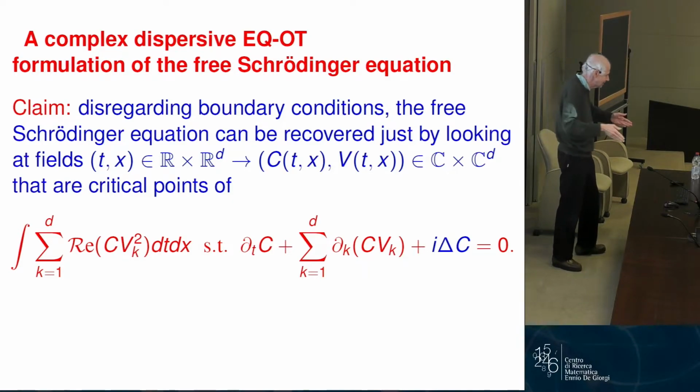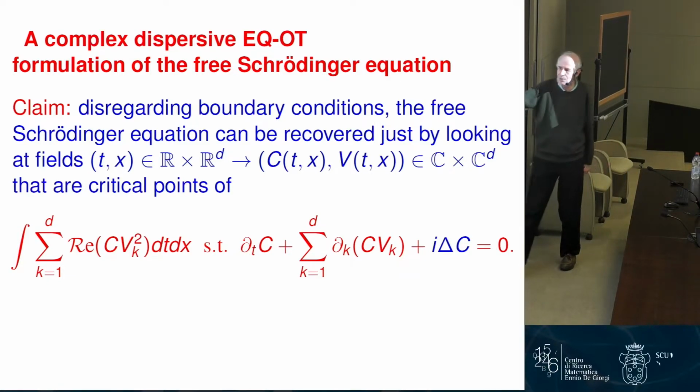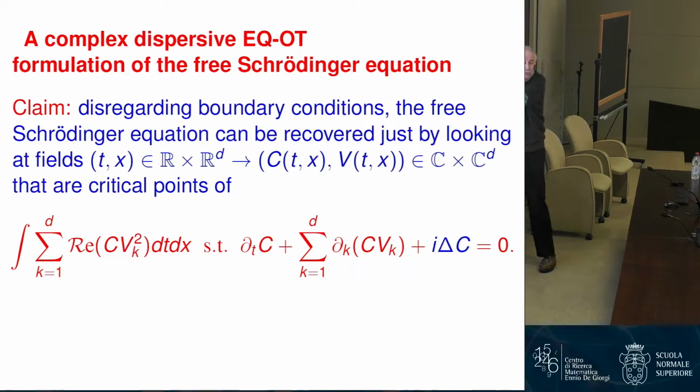Once again, this is the complex square. Don't put any norm in that business. And then we have the continuity equation, and here there is something new. This is really the quantum part of Schrödinger. So you have to add these dispersive terms to the continuity equation.